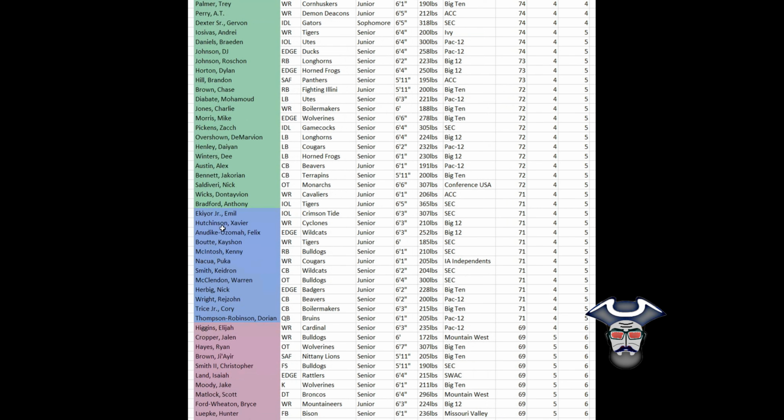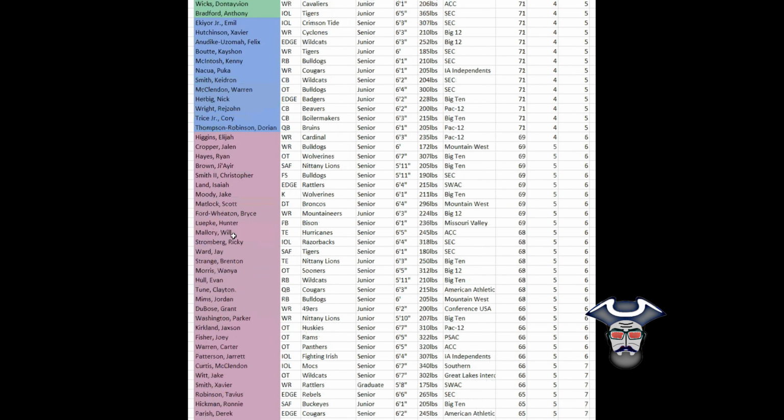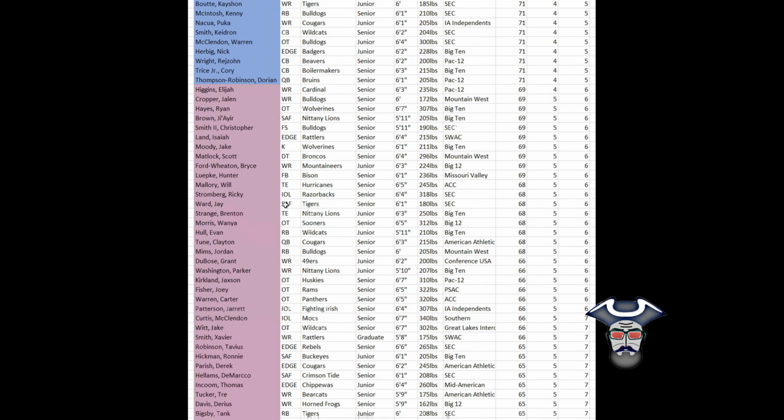They might be in the 5th round. You might see some of these guys make it to the 4th. And then you're probably going to see a bunch of guys in here start to bleed up into the 5th, which I don't think is terrible. There's some good players in here.